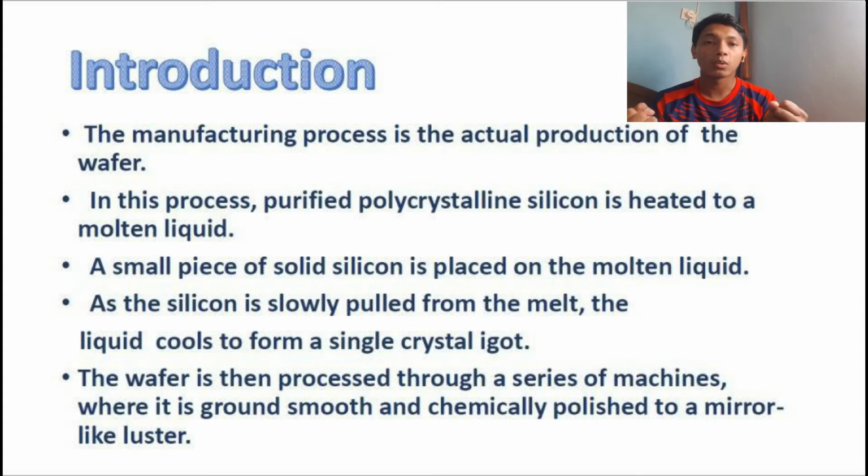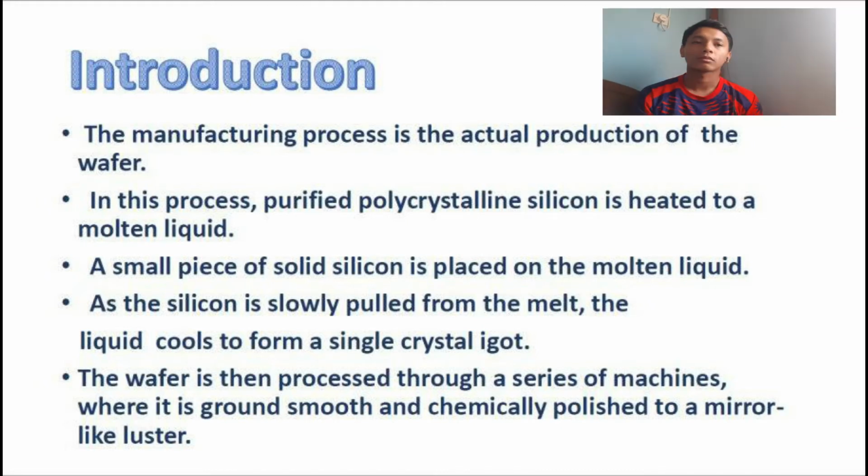So we can see the process is from the powder, which is sand, silica, SiO2. We heat it to become molten, and then it goes through multiple processes to get polysilicon, which we call EGS. Then we pull it, polish it, and slice it to get the exact size for us to manufacture an IC or transistor.